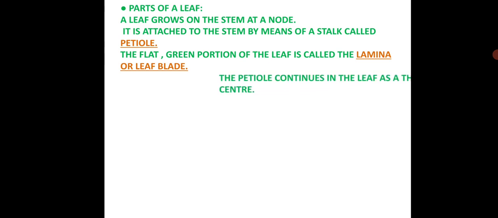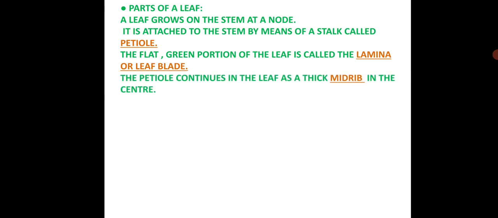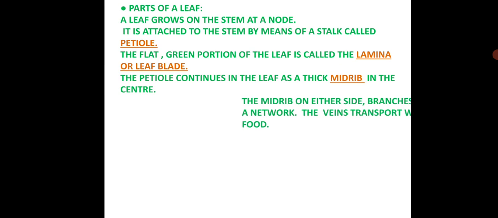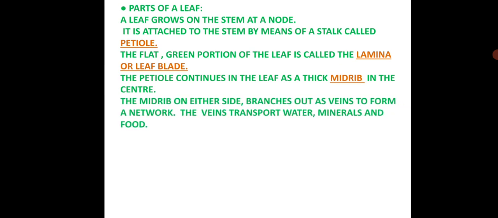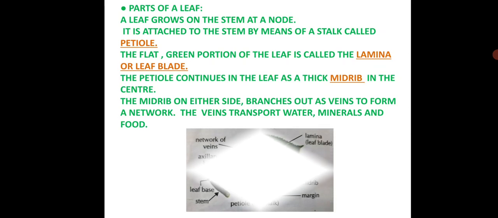The petiole continues in the leaf as a thick midrib in the center. The midrib on either side branches out as veins to form a network. The veins transport water, minerals, and food.